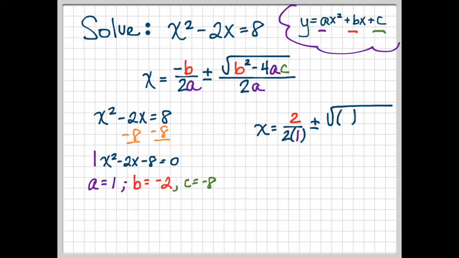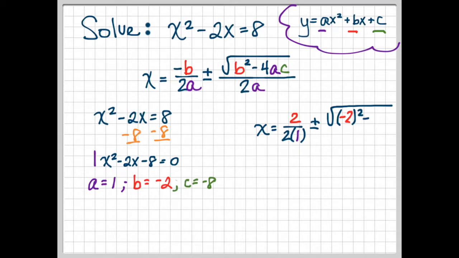I'm going to encourage you to put parentheses around your negative 2 here, because if you just type in negative 2 squared in your calculator, it's going to tell you that the answer is negative 4. And we know that when you multiply negative 2 times negative 2, you're going to get a positive 4. So it's really important that you keep those parentheses so the calculator understands that you want to square that whole quantity of negative 2 and not just the 2.